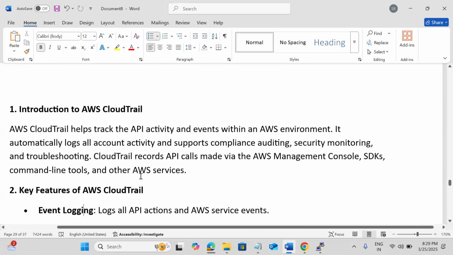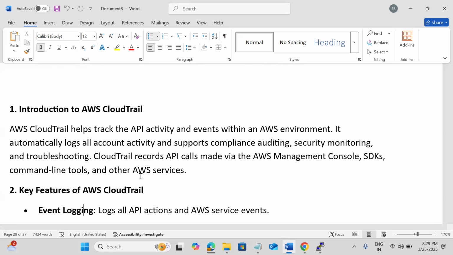Then CloudTrail is also a very, very important service. The reason I tell you not to use root account access is this: if I have 10 members, and today one EC2 instance got deleted in our environment, and everyone used the same root account, then tomorrow everyone will say we don't know who deleted that EC2 instance.